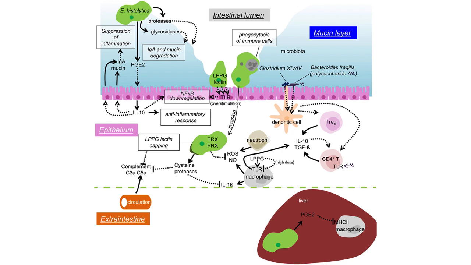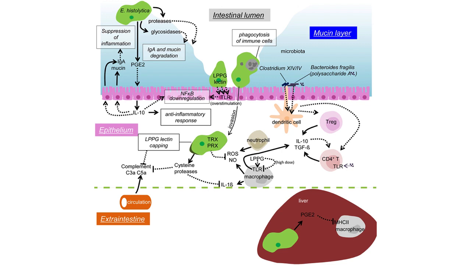So Entamoeba histolytica enters the gastrointestinal tract of the patient and it releases proteases and glycosidases that degrade immunoglobulin A and mucin. So remember that immunoglobulin A is present in secretions, and it is important for immunity in our mucosal surfaces.